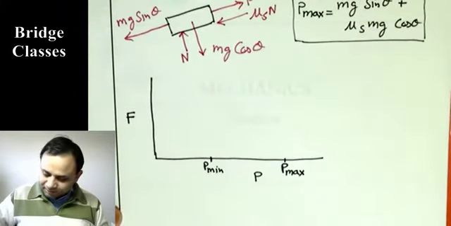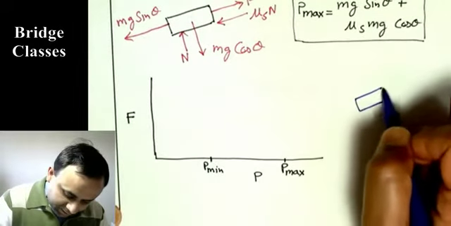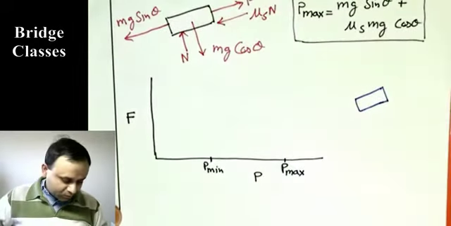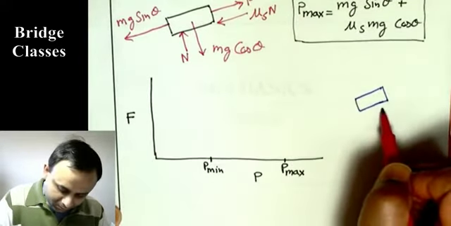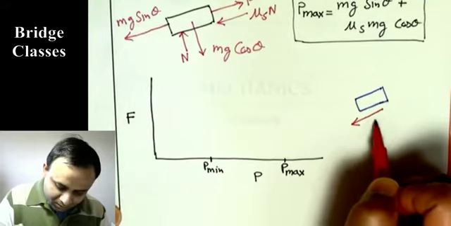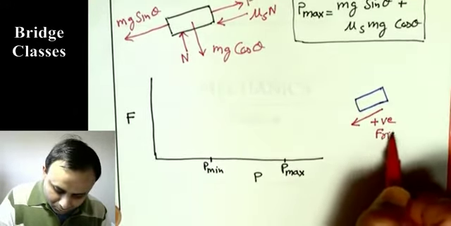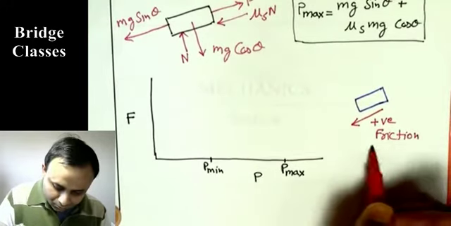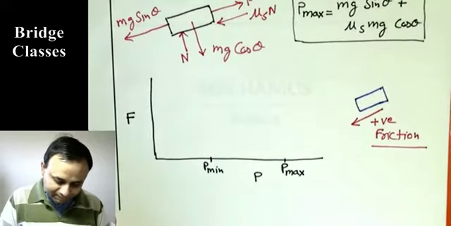And say we assume that this is the body at angle theta. I'm assuming that friction is positive if it acts downward, so this friction I'm going to take as positive. Just arbitrarily I'm saying that is positive. Okay, now let us see.